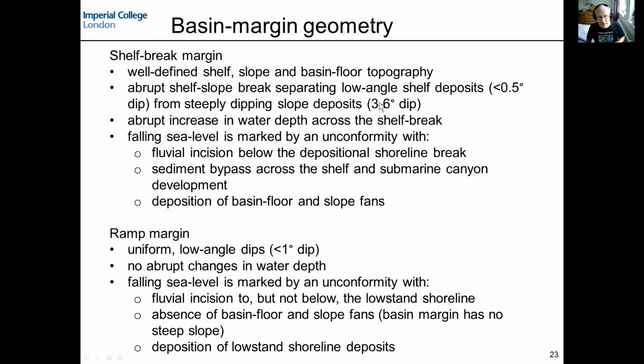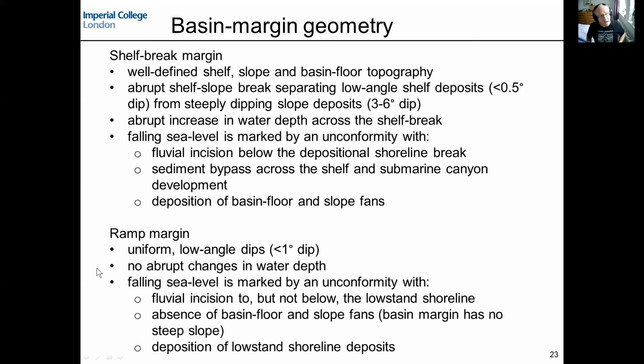Distinct angles associated with those. Obviously, where we have a change from the shelf to the slope, there's also an abrupt increase in the deepening of the water depth. So these basins have the potential to have deep water deposits. And as I'll show you later on, falling sea level is marked by an unconformity with specific characteristics in a basin with a shelf break margin.